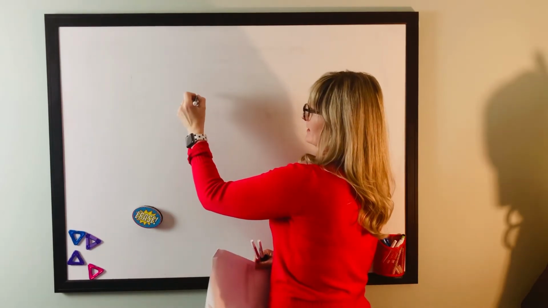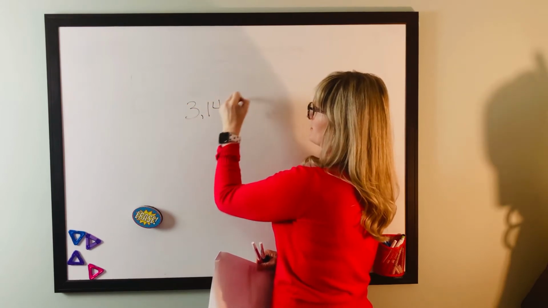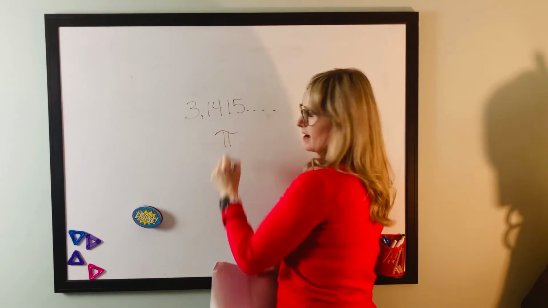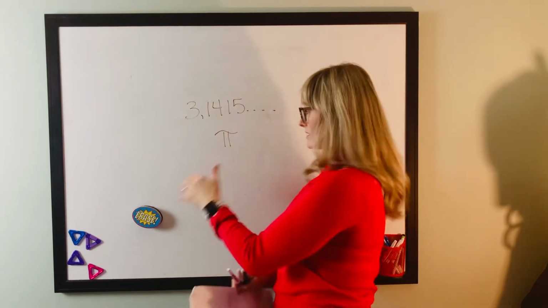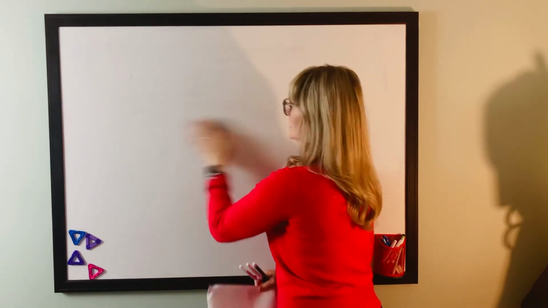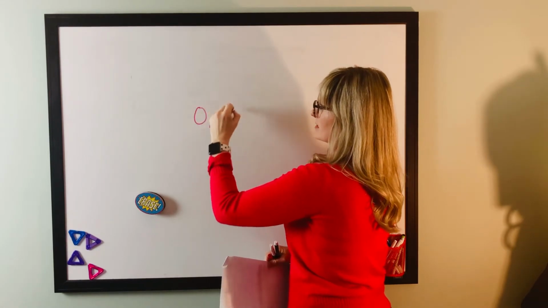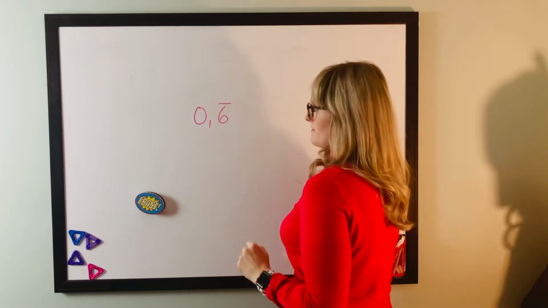So if I had another example, this number. This is a very famous number and it keeps going. This is the number pi. Pi is probably the most famous irrational number because it goes on forever. Okay, so if I had this number, 0.6 repeating, well, I can predict that it's going to be that forever.